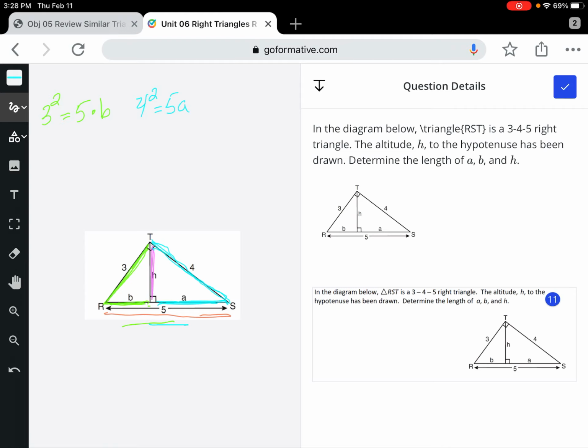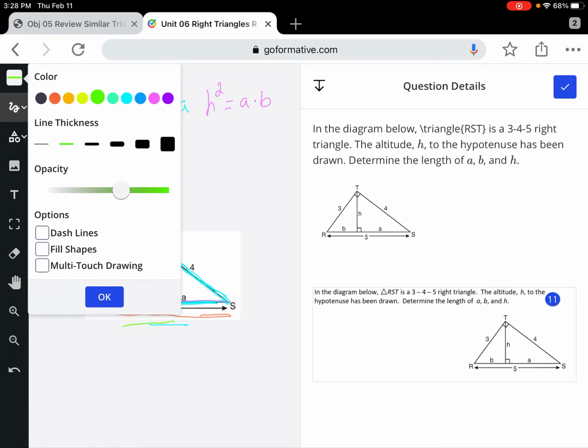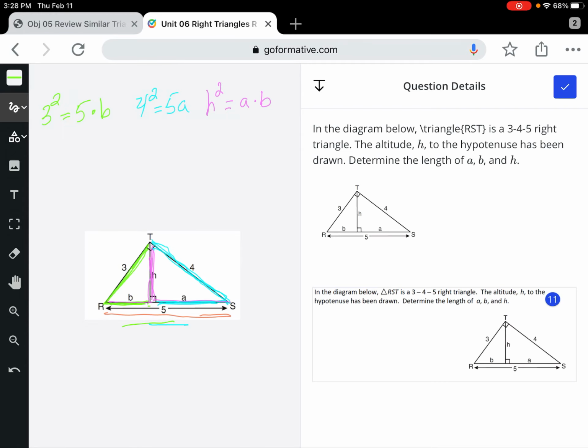Again, hypotenuse over leg equals my big hypotenuse over the corresponding leg. And my last relationship is h squared is equal to part times part, which is going to be a times b. And that's short leg over long leg equals short leg over long leg, that same proportion.